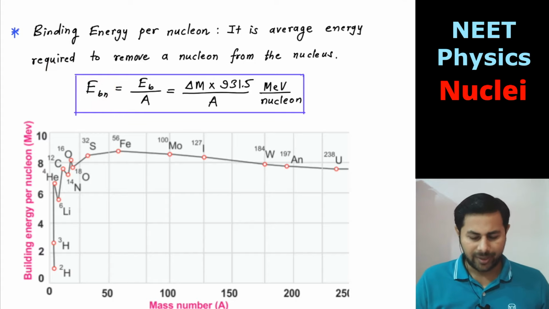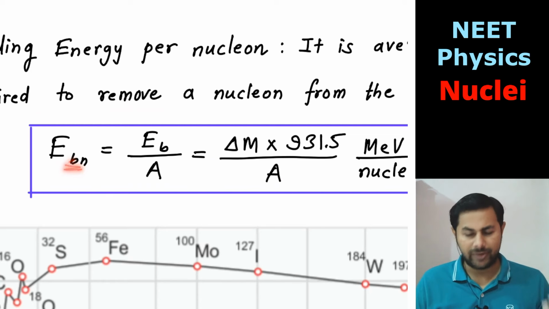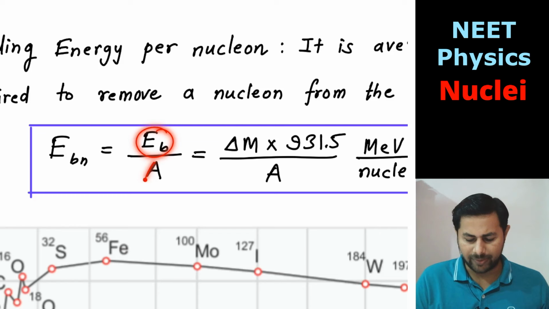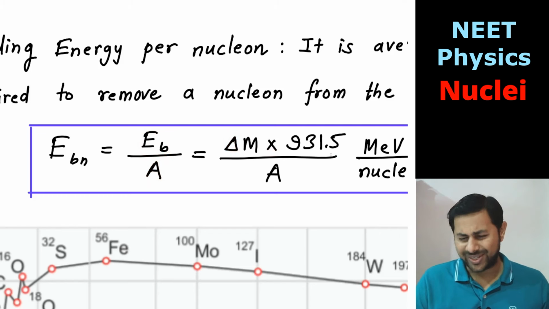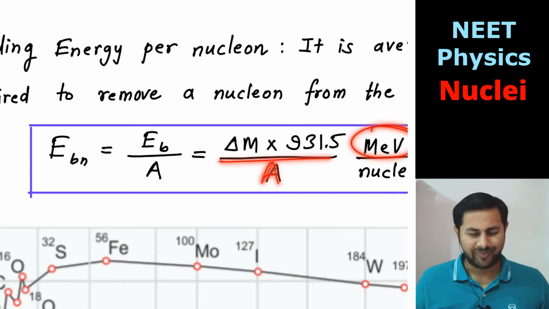So EBN is the average energy per nucleon, EB divided by the number of nucleons, that is delta M times 931.5 mega electron volts divided by A.